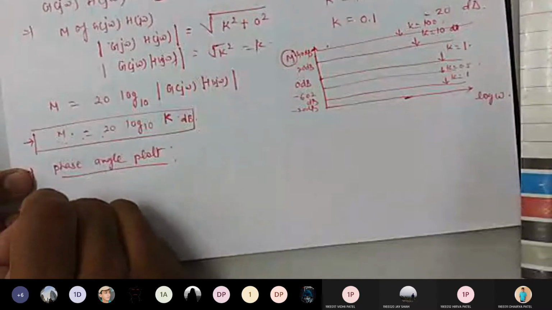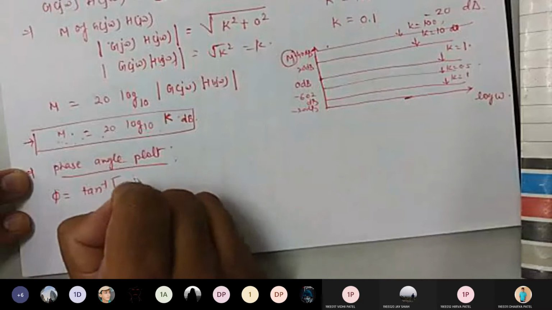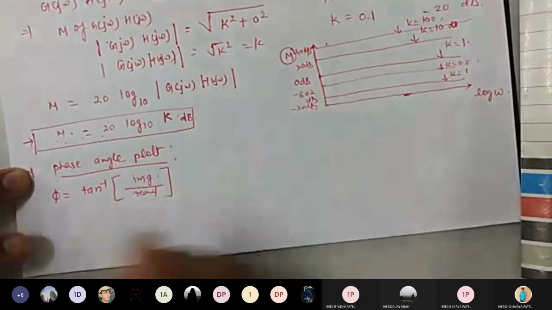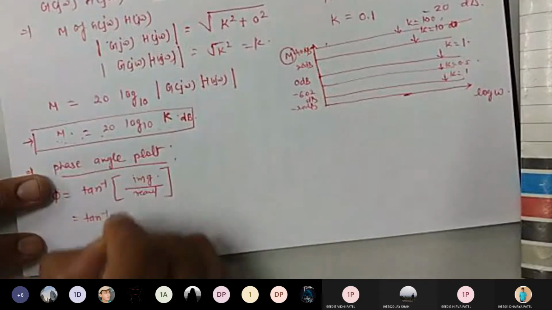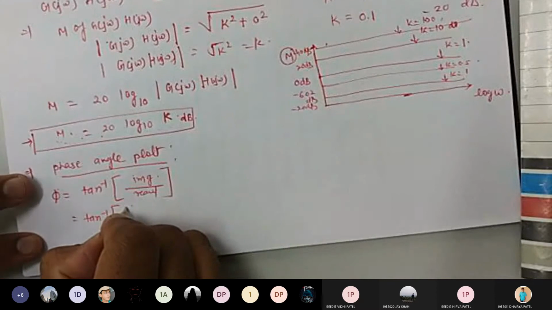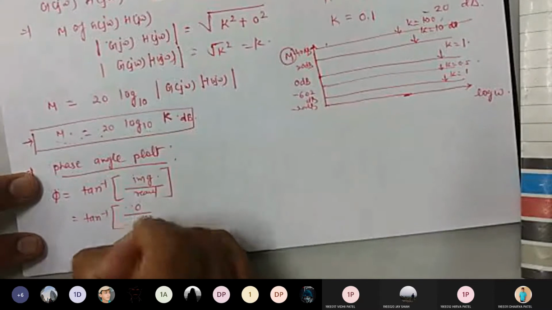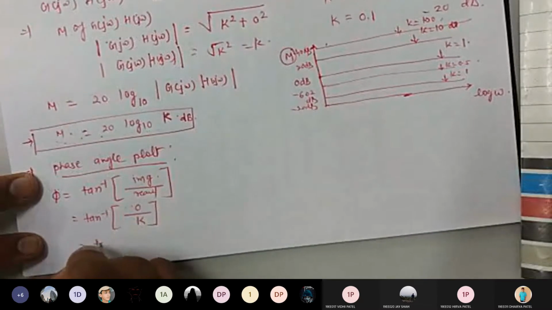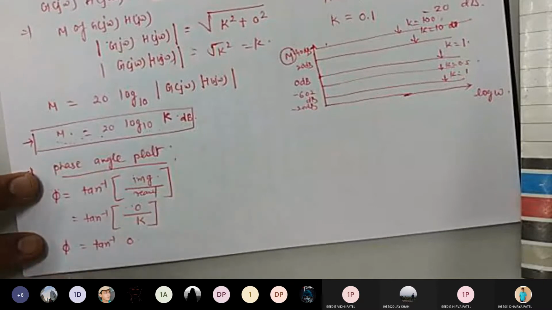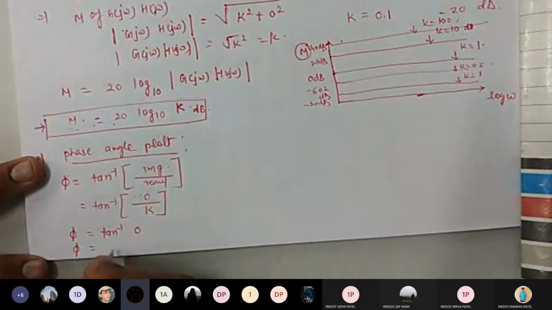For phase angle, what is the equation? Phi is equal to tan inverse of imaginary divided by real. What is the imaginary part? 0. So tan inverse of 0 divided by real, what will be the answer? 0.